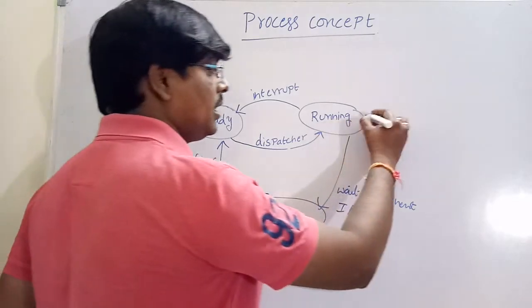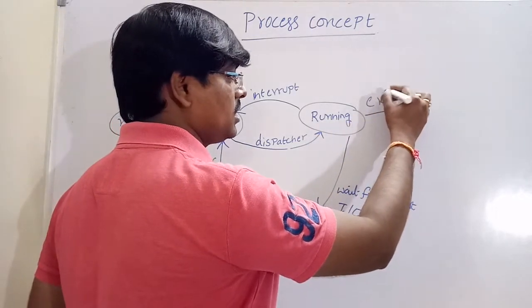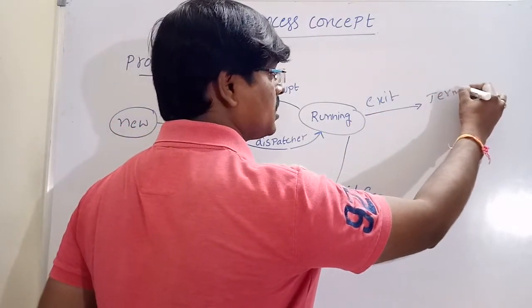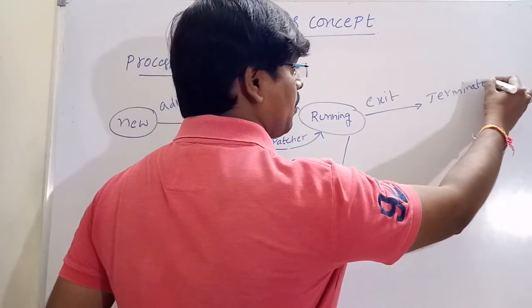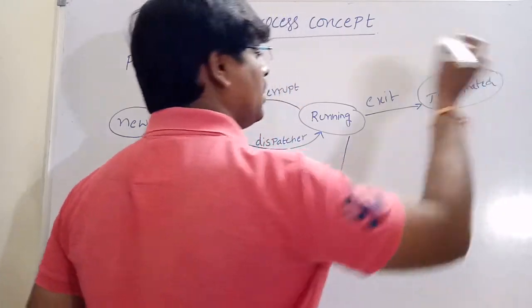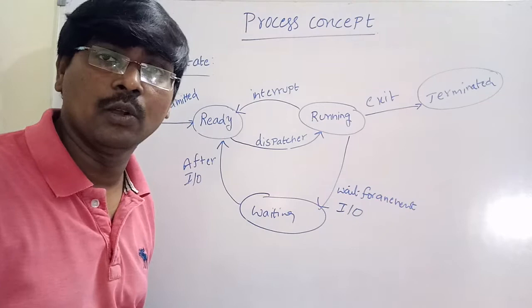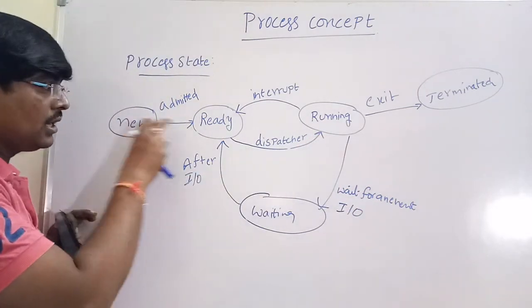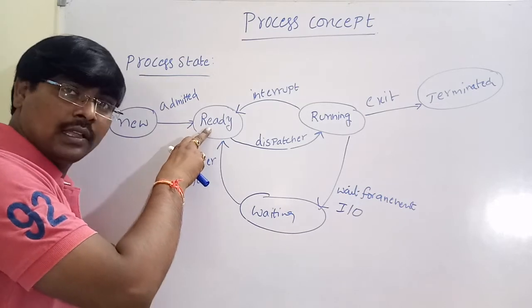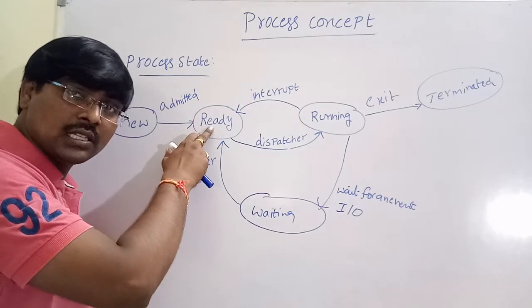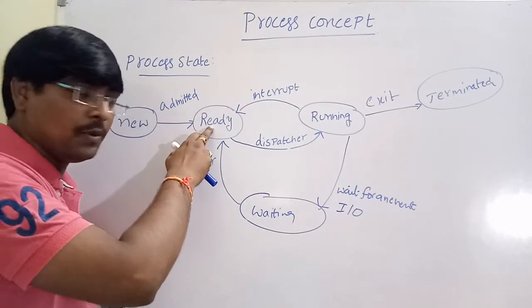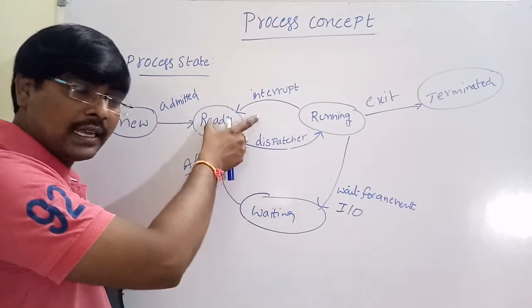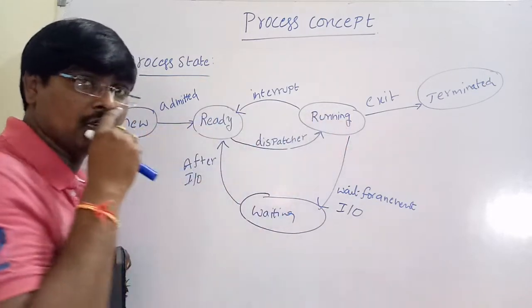At the running state, another combination is exit. That is, if the process is completed, the process enters the terminated state. This is the state diagram. New state, then ready. At the ready state, it is ready for execution but has no CPU. Whenever the dispatcher allocates the CPU, it enters the running state.